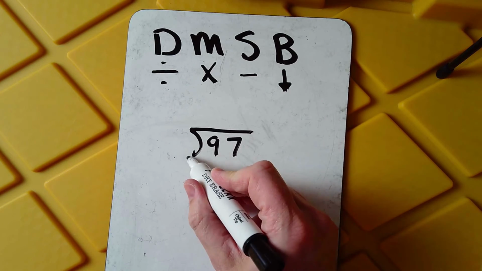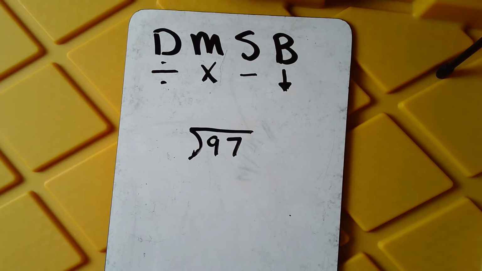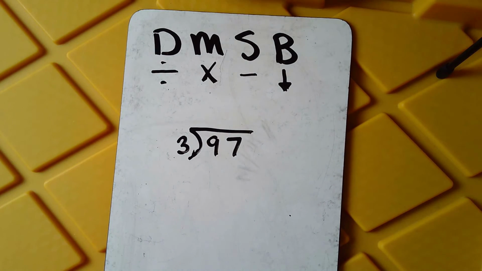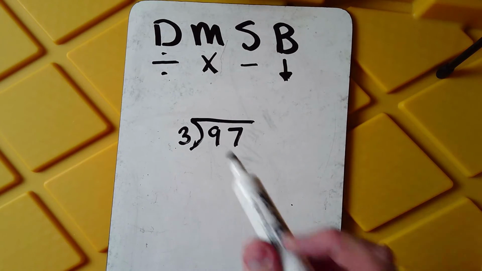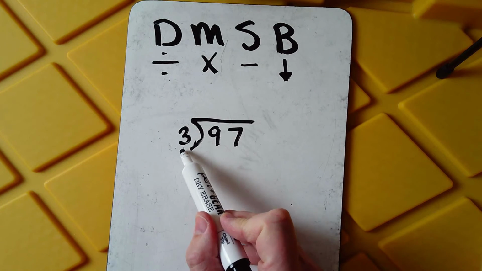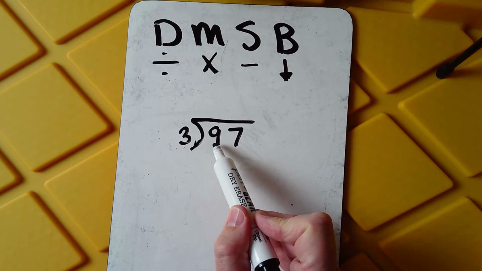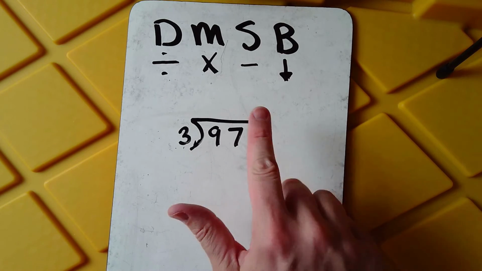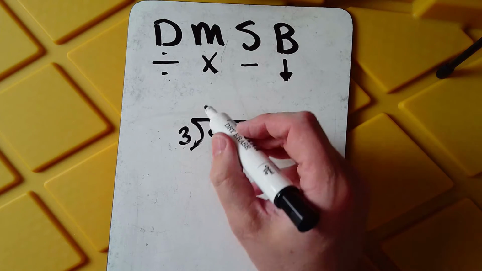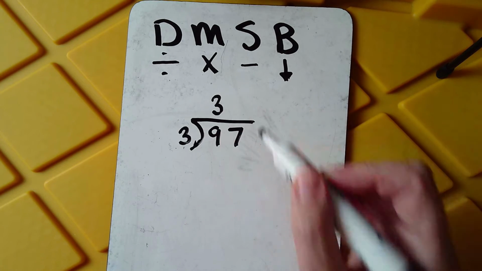97. Pretty big number. 97, and let's divide it by 3. So in this case, I start with divide. I ask myself, how many times can 3 go into 9? And if I count by 3s, 3, 6, 9, right? It's going to be 3 times. I put that 3 up top.